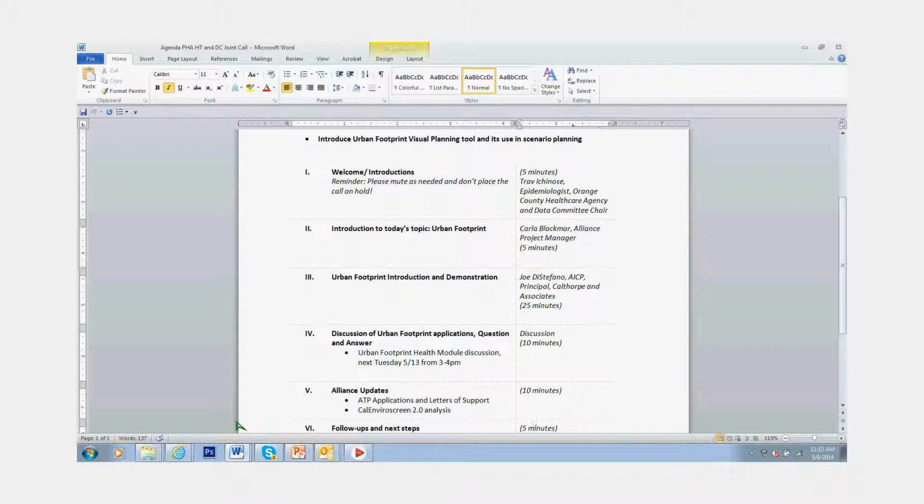This call is going to really focus on the basic software that allows us to do that projection. And our next call will focus on how that same tool, Urban Footprint, can have additional modules added on that allow us to project the co-benefits of those changing land uses and transportation investments.